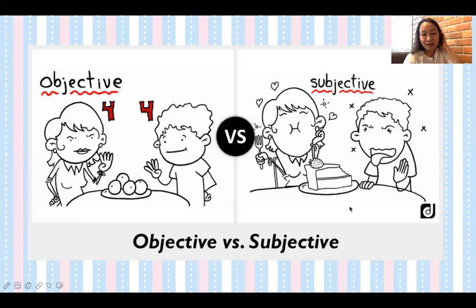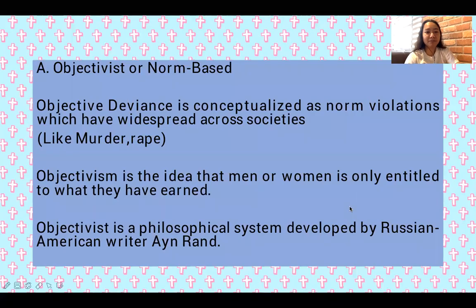So we can be objective and subjective, but it doesn't mean that they don't mix. We can see later on that even in the sense of subjectivity, there could also be some sense of being objective, and vice versa.